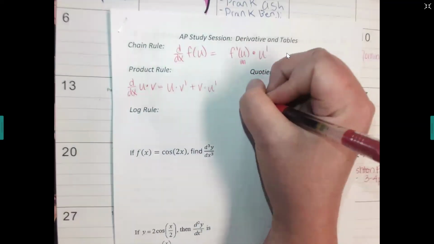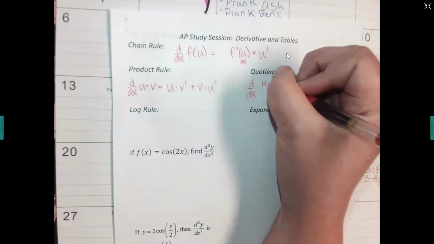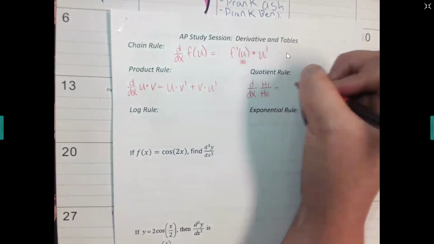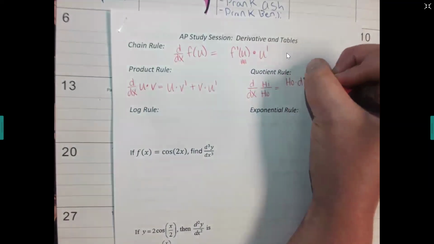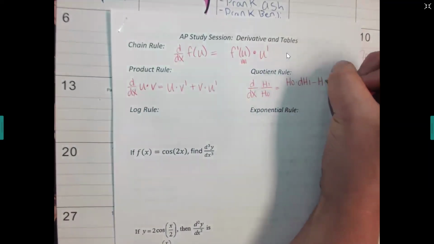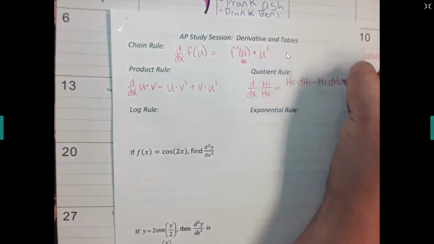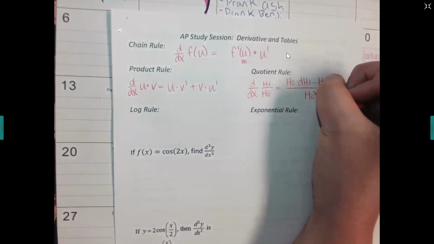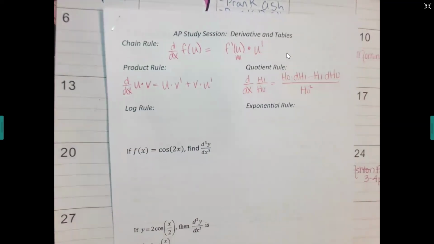Quotient rule is the derivative of high over ho. And remember, it's ho d high minus high d ho over ho squared. Okay, big things to remember. Product rule is a plus in the middle. Quotient rule is a minus in the middle. Okay.